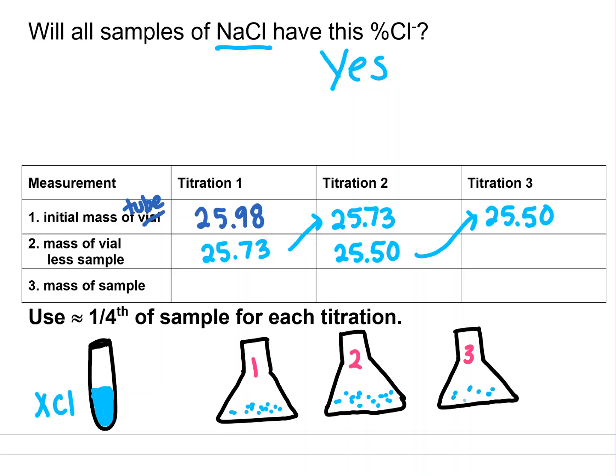Sprinkle some in the last one. Okay, so be sure you're recording those. You starting mass, sprinkle some, write down that mass. You'll use that here. Sprinkle some, write down that mass. Use that mass here. Sprinkle some, you get that mass. And then to get your masses for each one, you're just going to subtract the numbers above.